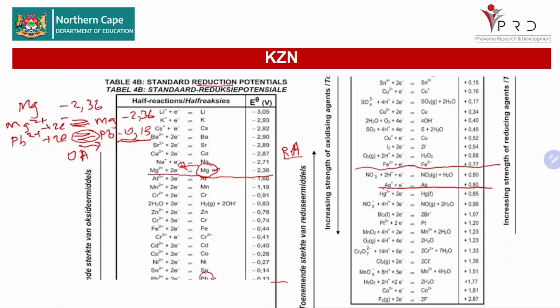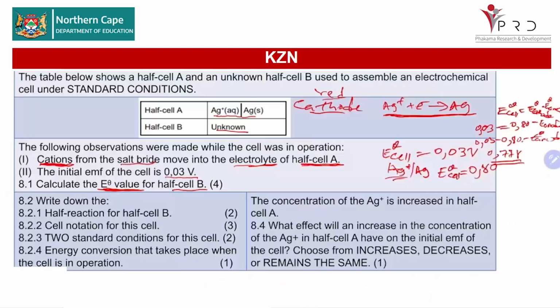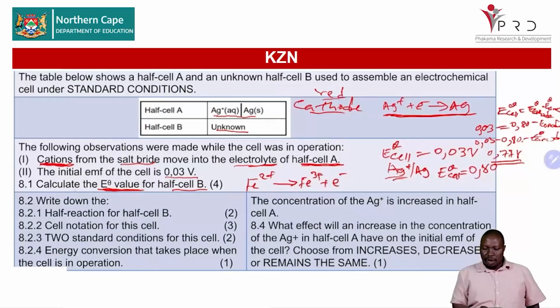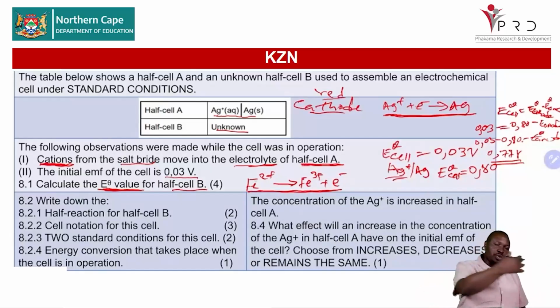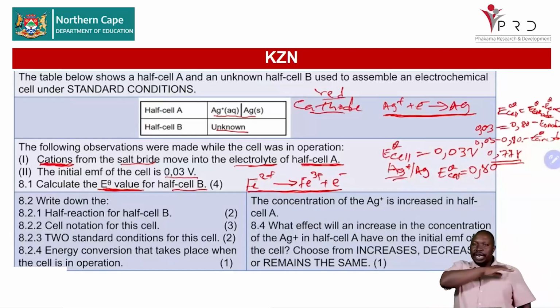So in this case, you are able to come back here and say, okay, cell B was the anode, so it was Fe 2 plus losing an electron to form Fe 3 plus. Remember, on the anode we said there is loss of electrons. So you write the direction going backward, because on the anode you reverse the equation. The cathode, you write it the way it appears on table 4B with one arrow. So that is our language there.